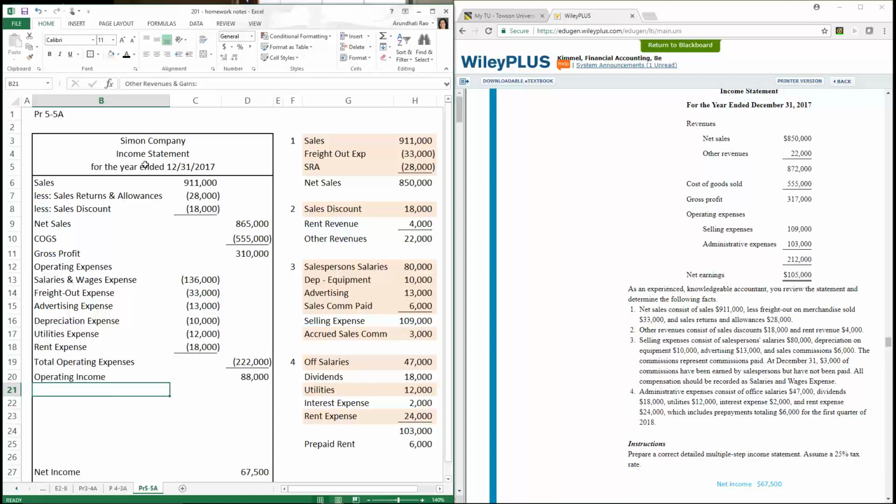After this, I'm going to list other revenues and gains that I have. Now, this is where I take this rent revenue. The rent revenue, I bring it down over here. Okay. And then I will list any other expenses and losses I may have. Is there anything left? Yes, I have the interest expense. Okay.